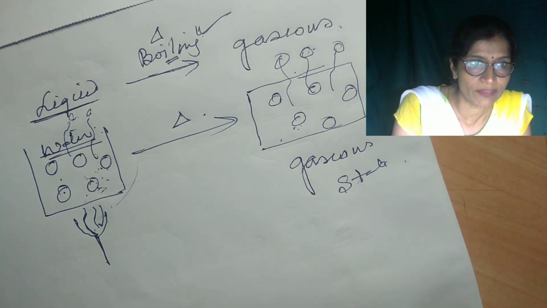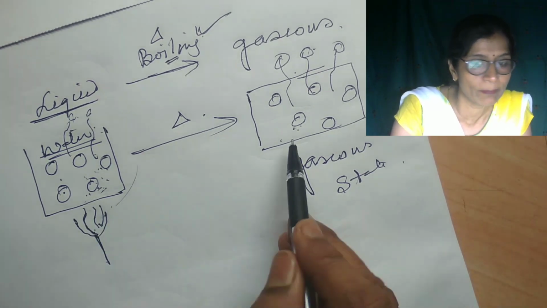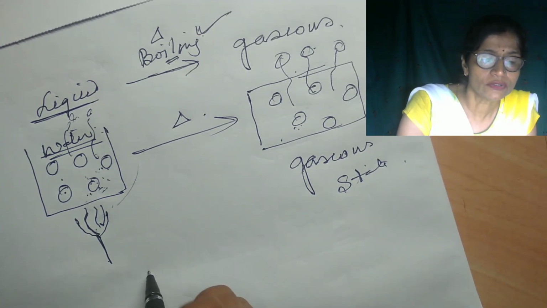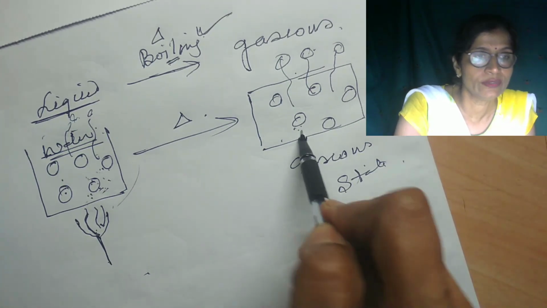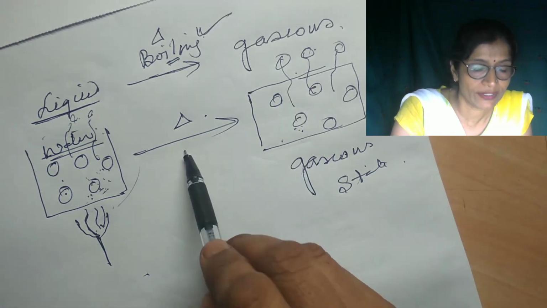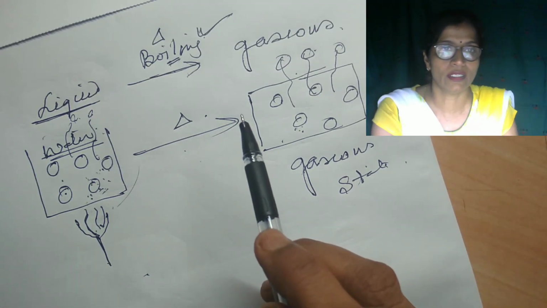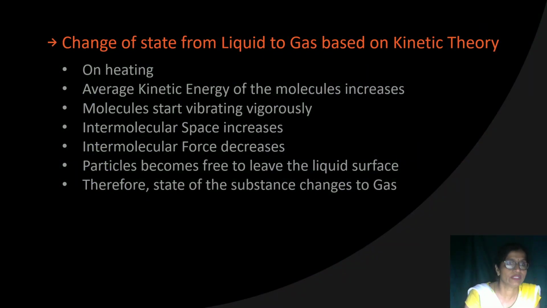By decreasing the pressure, the liquid particles move apart and are converted into the gaseous state. So when the liquid is converted into the gaseous state at a particular temperature, that is known as boiling, and we can explain this with the kinetic theory.